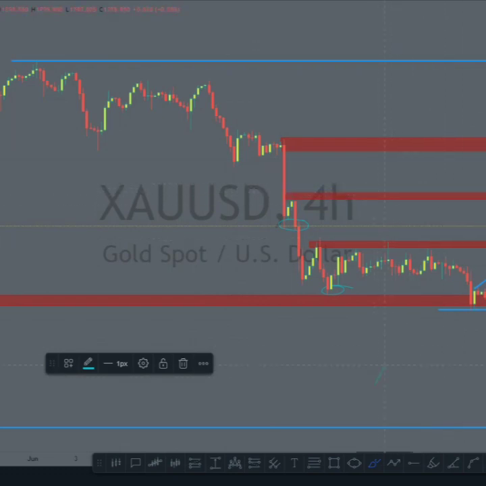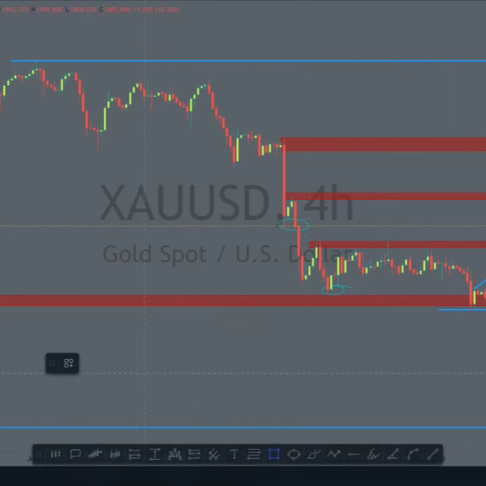It moves impulsively, then correction, impulse, and then correction. It can make a correction for hours and hours. Even the impulse can go for about 8 to 10 hours, depending on which time frame we are using.